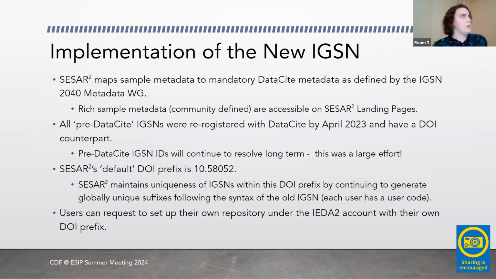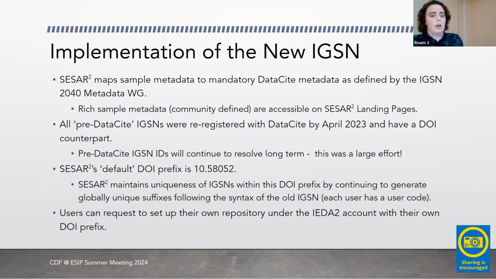Those are the mandatory kind of minimum DataCite metadata, but CSAR really enhances the rest of that by having all this community-defined metadata template that really ensures that we're making these samples FAIR by having minimum metadata and metadata that's useful for the actual users. Like I said, all pre-DataCite IGSNs were registered with DataCite, and this happened by April 2023, and they have a DOI counterpart.